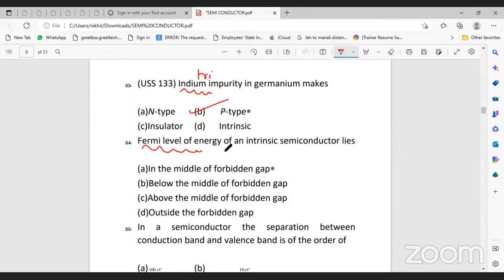The Fermi energy level in the case of an intrinsic semiconductor lies exactly in the middle of the forbidden gap. A pure semiconductor is called an intrinsic semiconductor, and in this case the gap will be less than 1 electron volt. The Fermi energy level lies exactly at the midpoint of these two, in the middle of the forbidden energy gap.